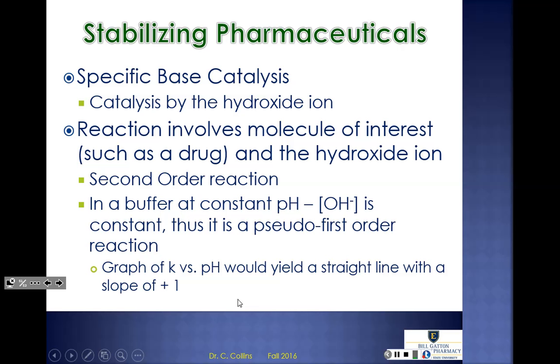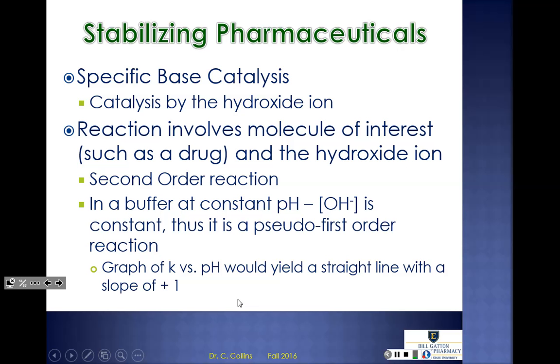And K versus pH would give a graph that would have a slope of +1, because the pH goes from low to high here. The higher the value of K, the rate constant for the reaction, the faster the reaction.